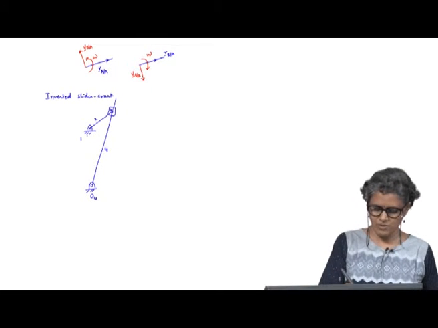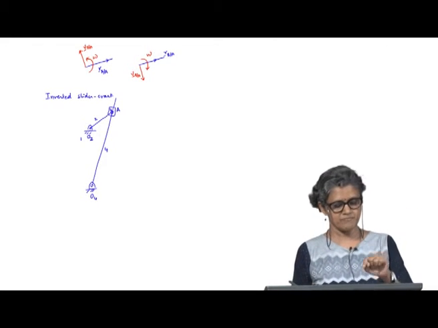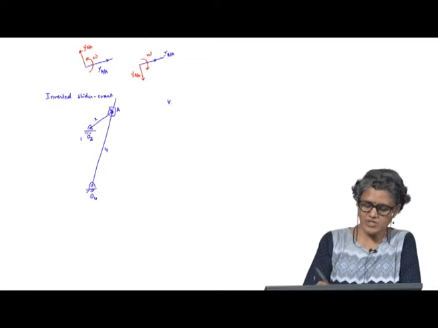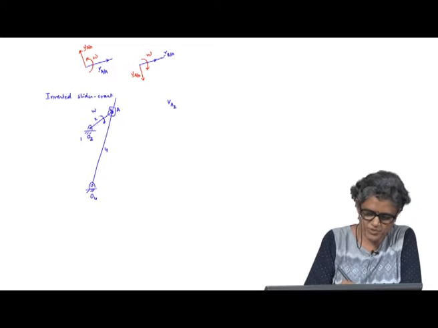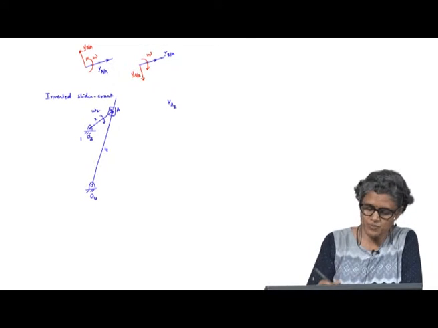So, this is O4, this is O2, and let us call this point A. Okay. Now, at a particular instant, here I know the velocity of A on body 2. So, let us say I take omega 2 as clockwise.